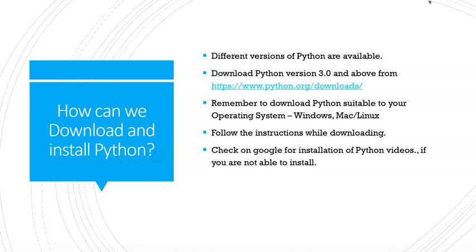When you are downloading, you need to remember certain things. Remember to download Python suitable to your operating system. Which operating system are you using on your laptop or computer? Is it Windows? Then you need to download the Windows version of Python. Is it Mac OS? Then download that.